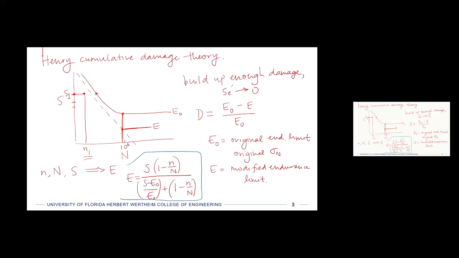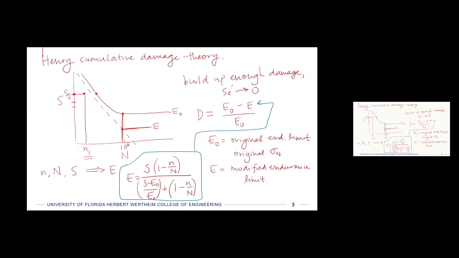Let me just draw a box around this. And if we wanted to go back and calculate the damage ratio from that, we could take this E and plug it into here. So there's another expression in the book.